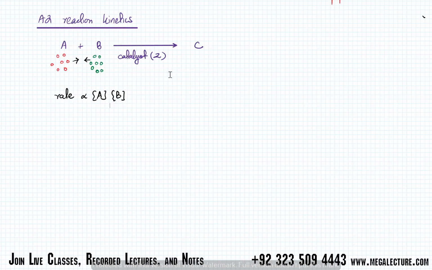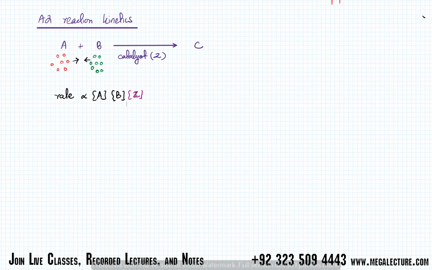ठीक है, sometimes Z भी आ जाता है, sometimes the catalyst is also involved, so the rate of the reaction would also depend on the concentration of the catalyst. Like if you have very little concentration of the catalyst, maybe the reaction is very slow.